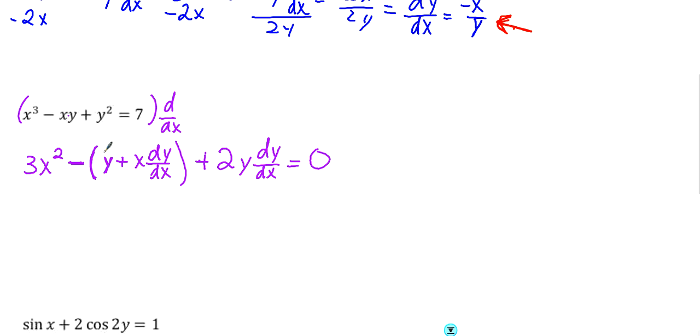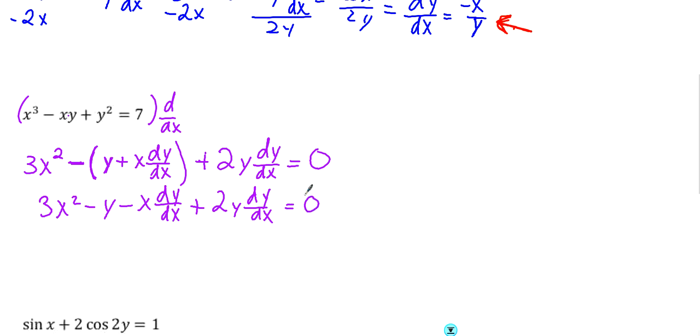The reason I put the negative in parentheses is because we have to distribute it in. So we get 3x squared minus y minus x dy over dx plus 2y dy over dx. First, anything that doesn't have a dy over dx, I'm going to move to the right side. So the 3x squared and the negative y move to the other side.